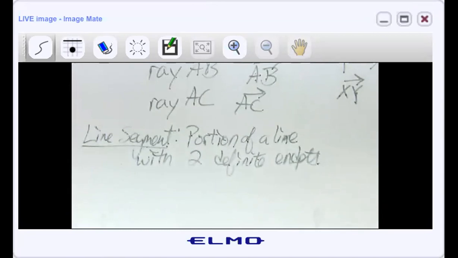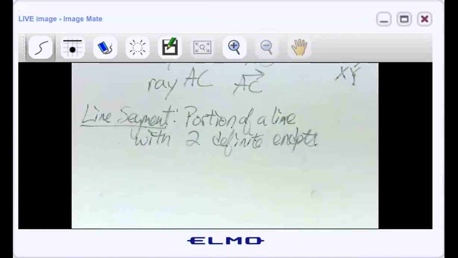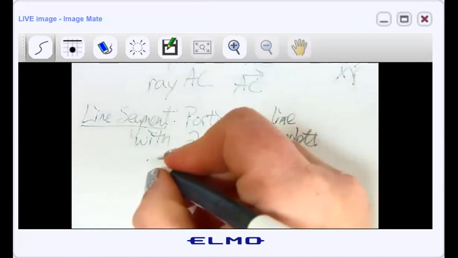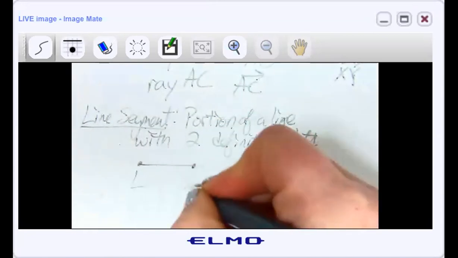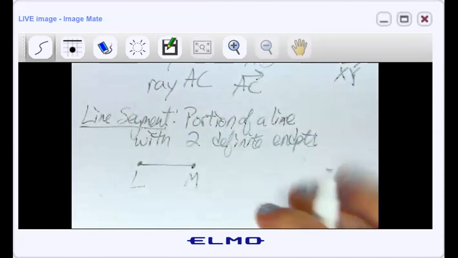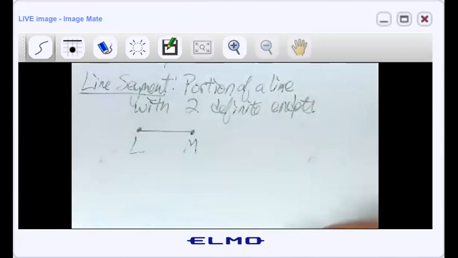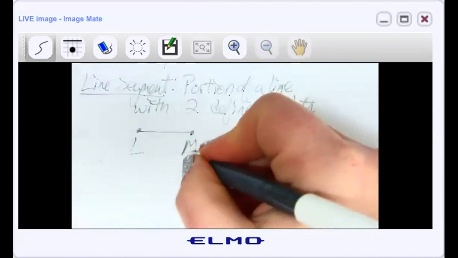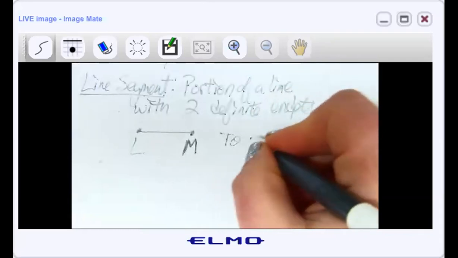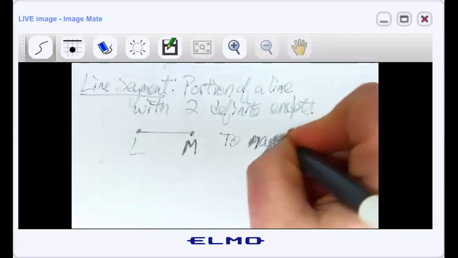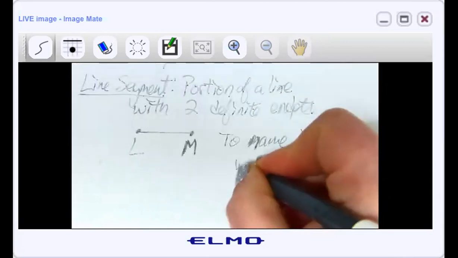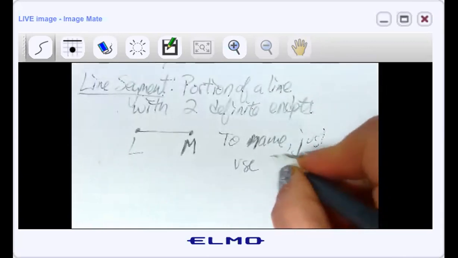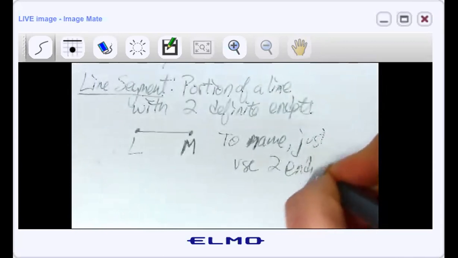Naming is super easy because I'm just going to use the two endpoints in any order. So here's an example of one. Here's point L, here's point M. To name it, just use the two endpoints in any order.